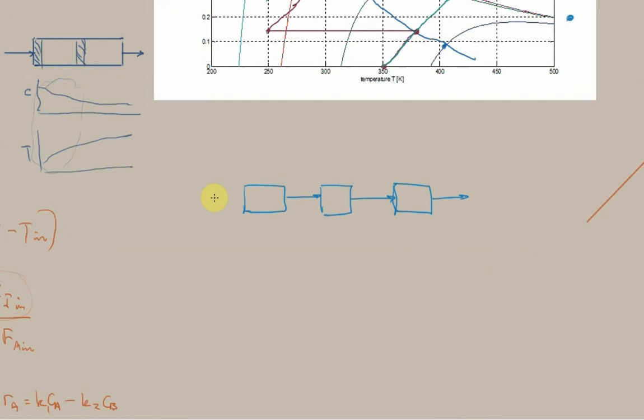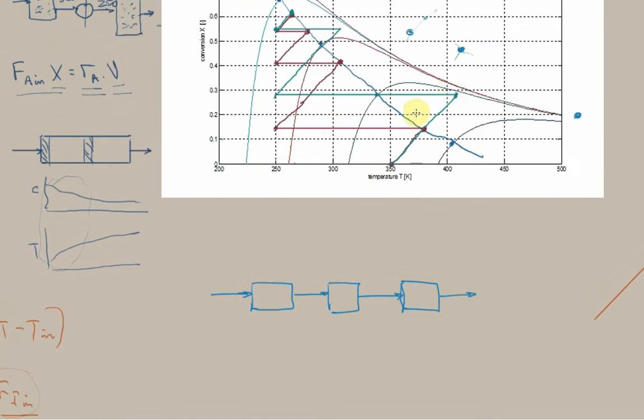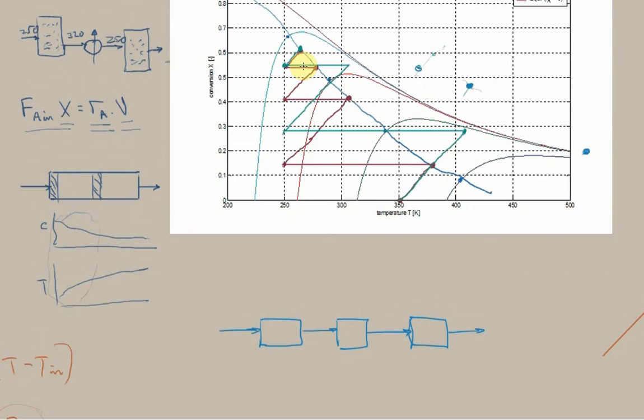So let's say our feed stream coming in had a nice low temperature that we could use to cool the subsequent reactors. And in addition to cooling these other reactors and cooling them back down here so that we could keep reacting up, we would also have the advantage of staying in this region which has a higher reaction rate.